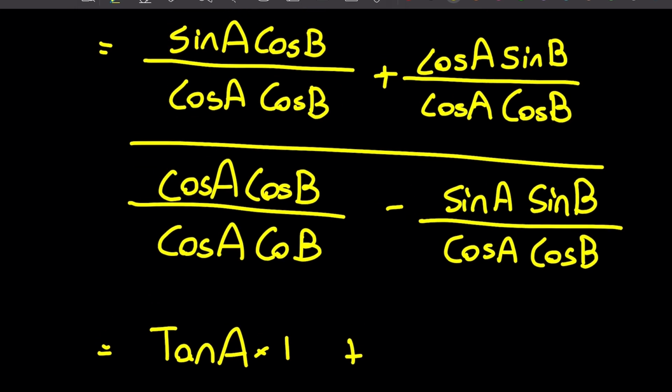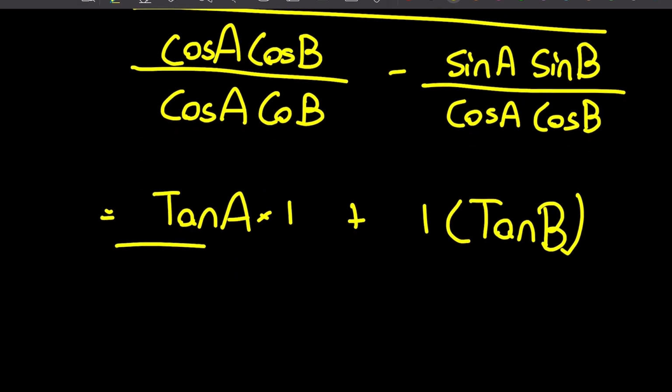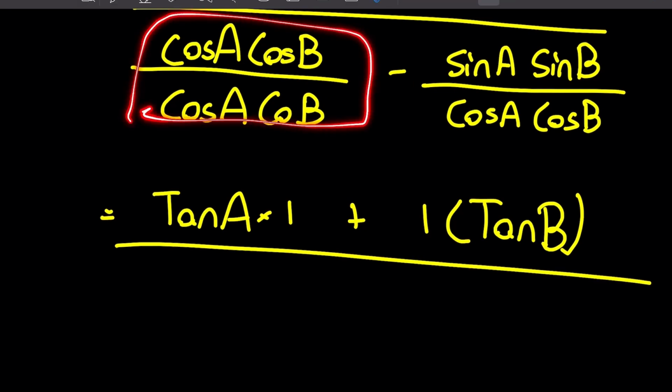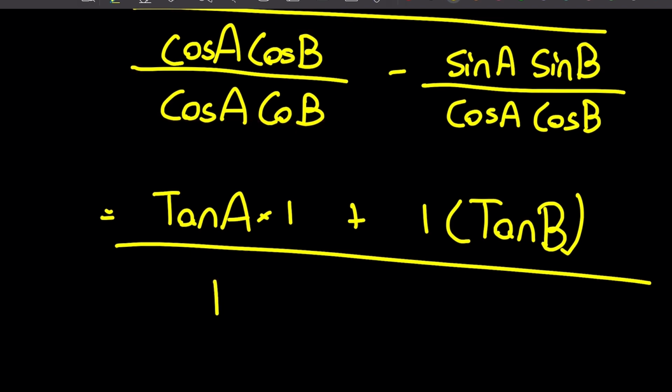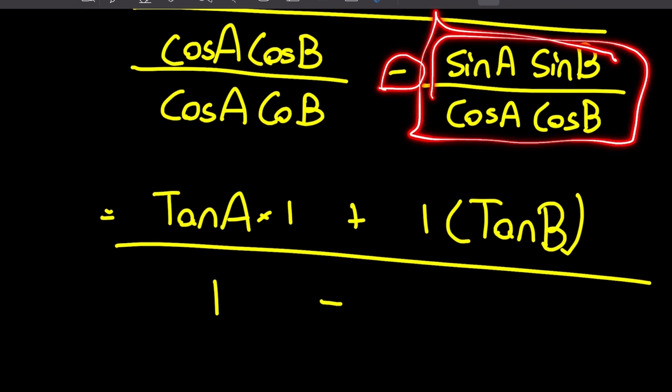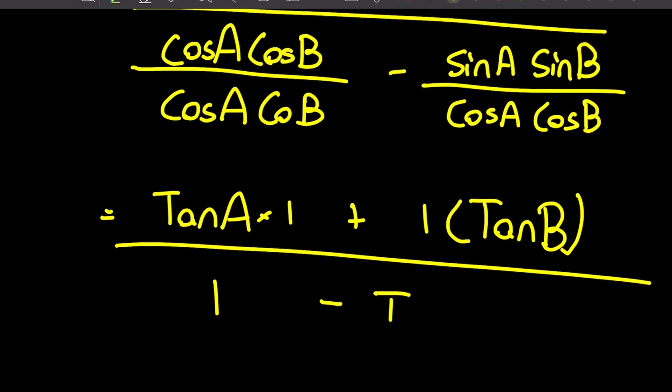Cos A over cos A is 1, times sine B over cos B, which is just tan B. And this will be divided by, on the denominator, cos A cos B over cos A cos B is just 1 minus this over here. Sine A over cos A is tan A, and sine B over cos B is tan B.